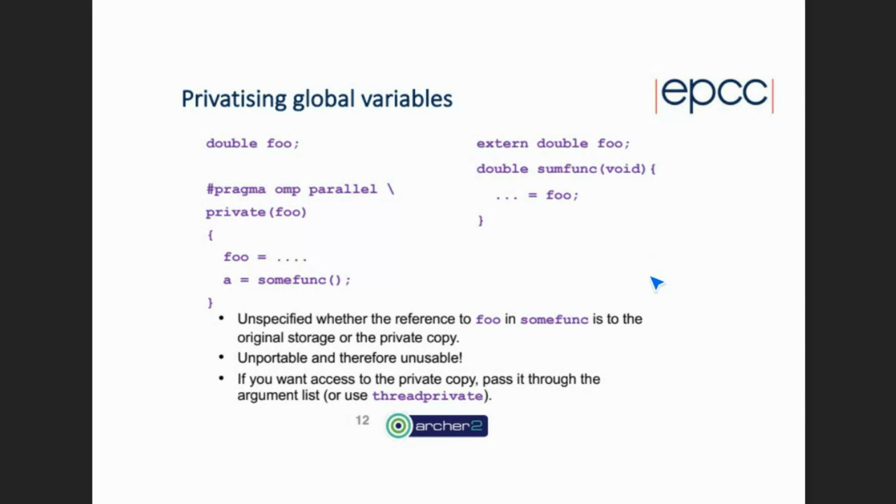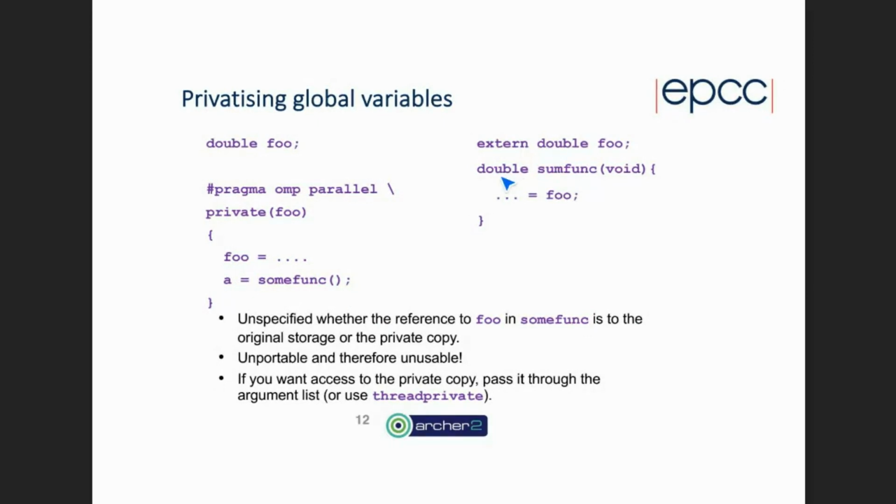Okay, so yeah, you've no idea whether that's going to be the original storage or the private copy. And so this pattern is unsafe and unusable. It may vary between compilers. The real problem here is the ability of the compiler to do function inlining.